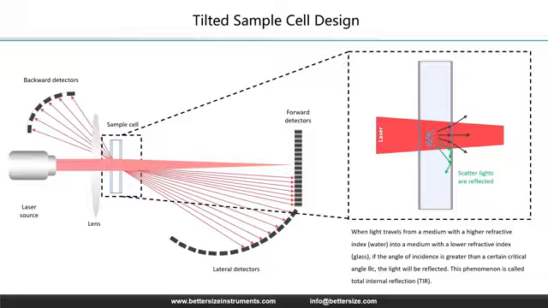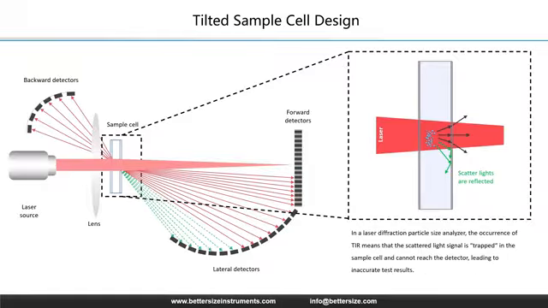As you can see from the green dashed lines, this light cannot escape. Instead of passing through the detectors, it hits the critical angle and reflects back inside the cell. The result is signal loss. Because the lateral detectors never receive this data, the system effectively goes blind to the finest particles.